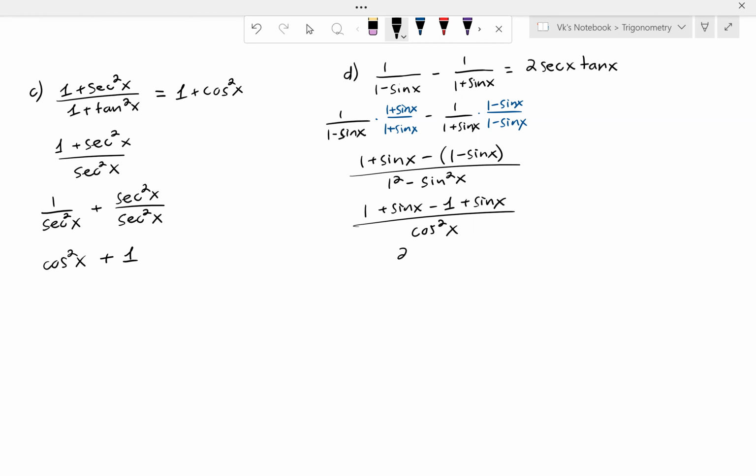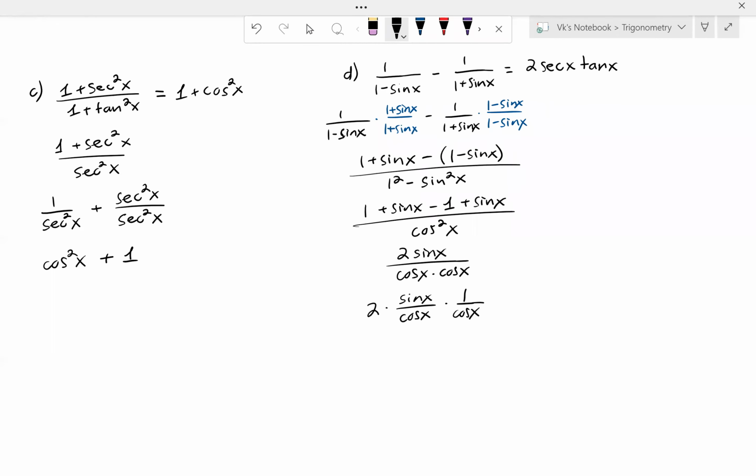We can write this as 2 sine x over cosine x times cosine x and split this out. So I have 2 times sine x over cosine x times 1 over cosine x. Yay!